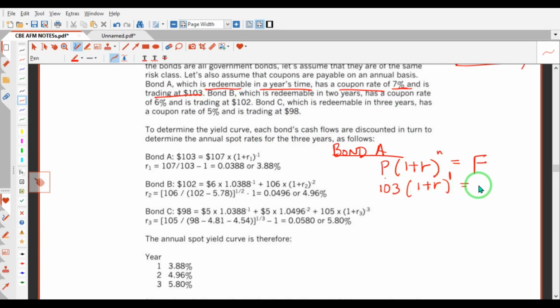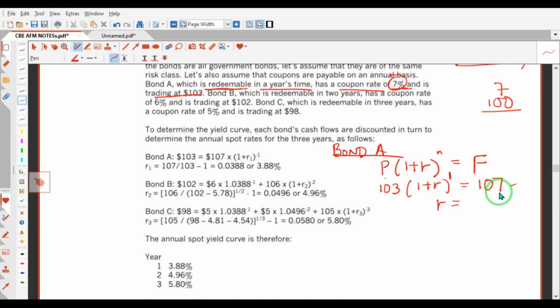It's going to give us an answer of 107. The reason is 107 is I will get a coupon of $7, and our 1 year bond is redeemable, so you're going to get back $100. So you're going to get $107. So how do you get the R over here?